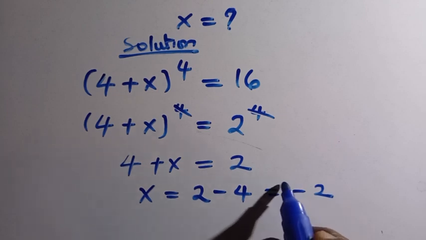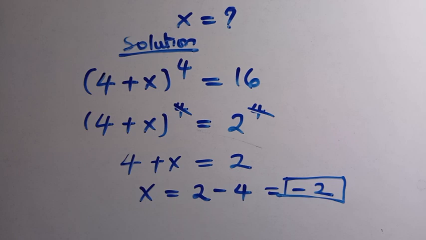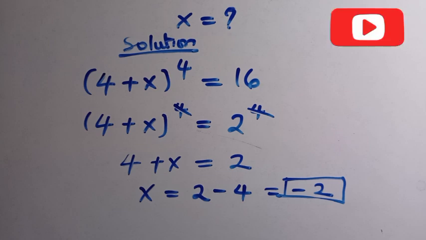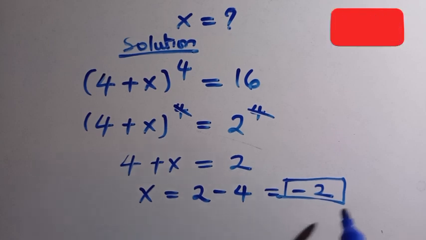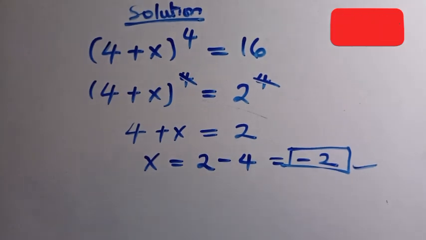So x = -2 is one of the solutions here, but the question says the power of 4, which means we get 4 answers. So let's see how we can solve for all the answers that satisfy this problem.